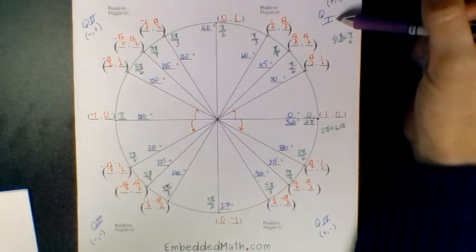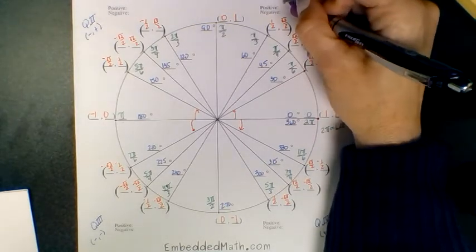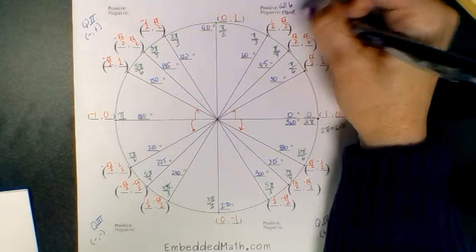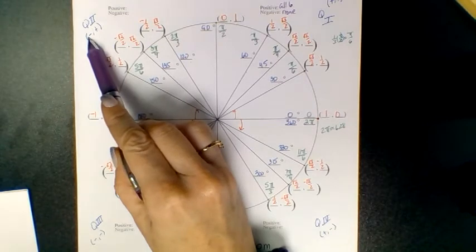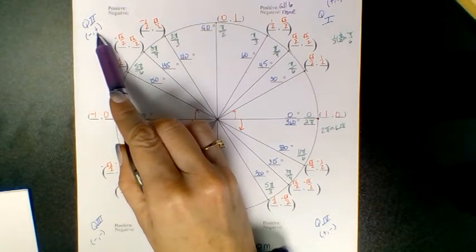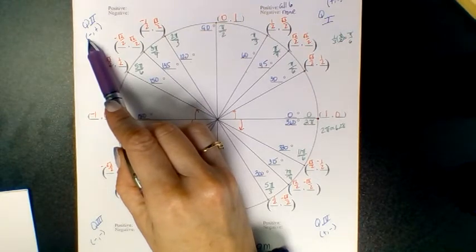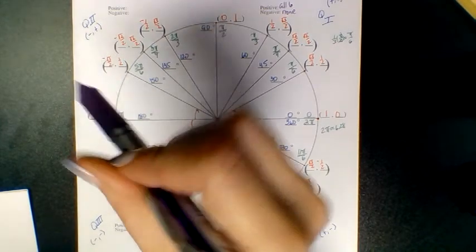But in Quadrant 1, because both x's and y's are positive, that means that all 6 trig functions are positive and none of them are negative. In Quadrant 2, our x-coordinate is negative and our y is positive, so anything that uses the x-coordinate is going to be a negative trig function. Anything that does not use the x-coordinate is going to be a positive trig function.